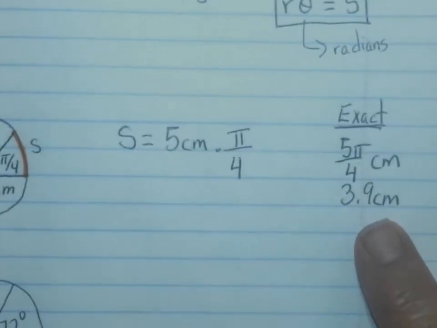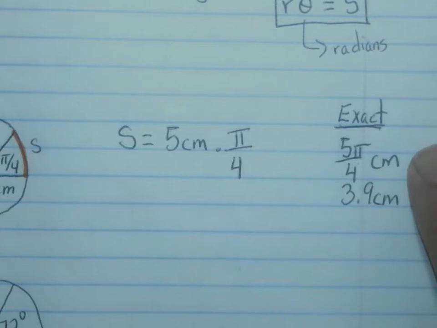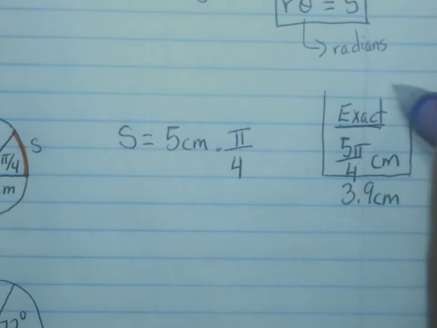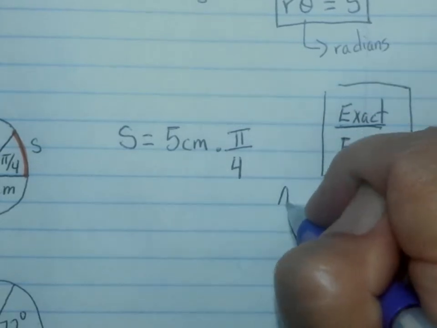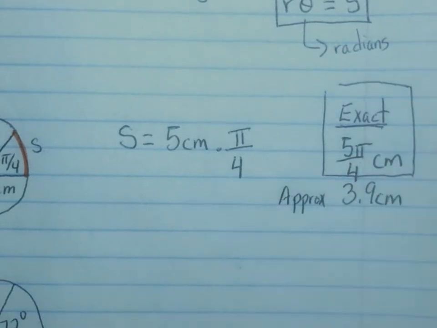And then when you go to the store, you know that if you buy 4 centimeters, you will have enough for your project, right? So, yes, there are times to change it to decimal. There are other times when you would want an exact answer. So this guy is exact. This is an approximate, it's a rounded answer.